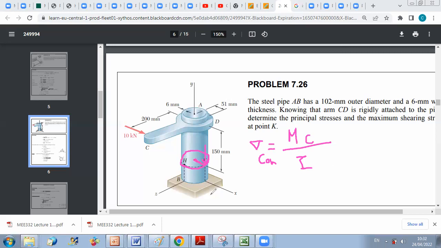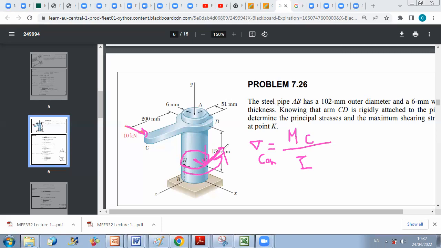Now for torsion, this force will cause a moment along this direction, so the torsional effect will lead to shear stress at K in this direction.